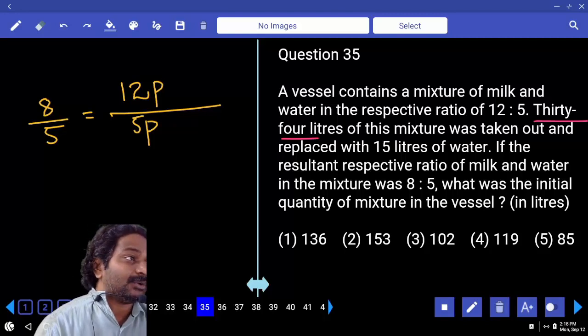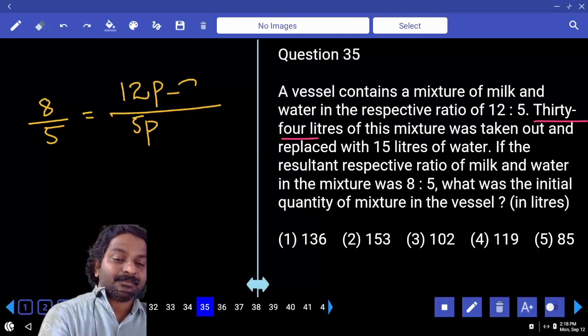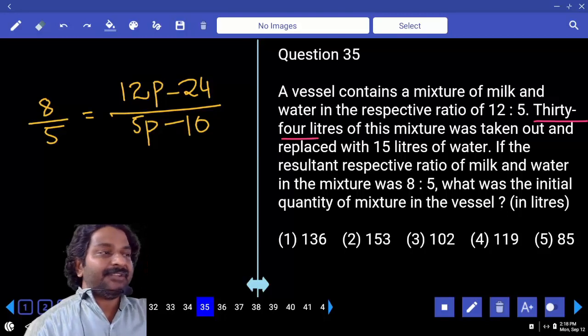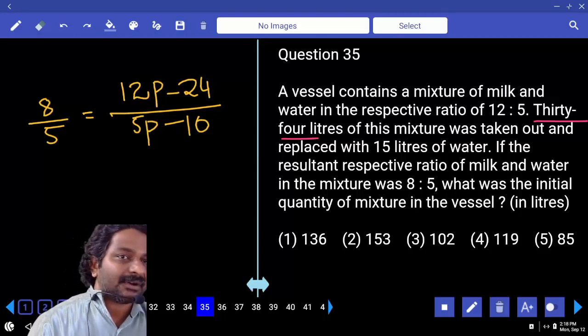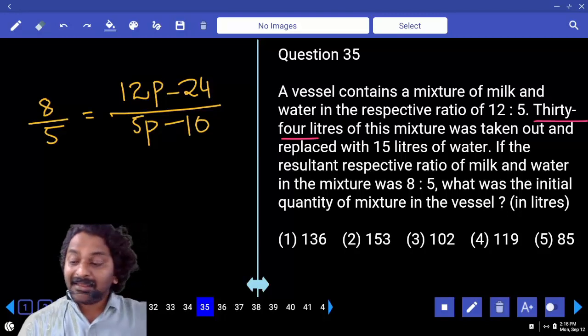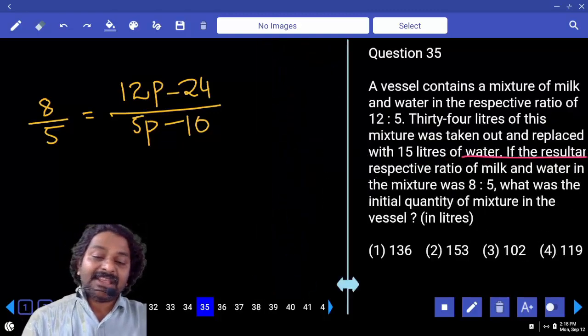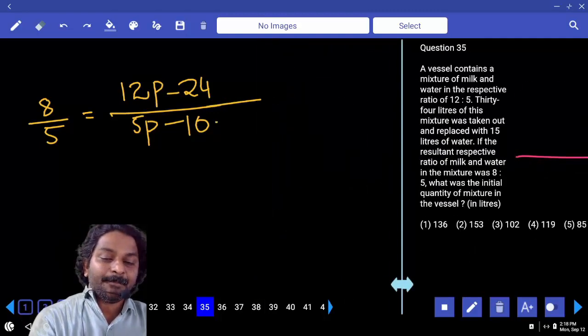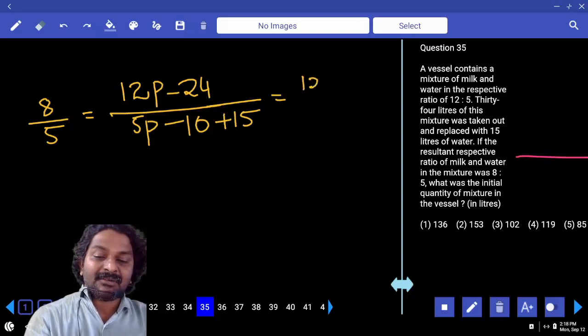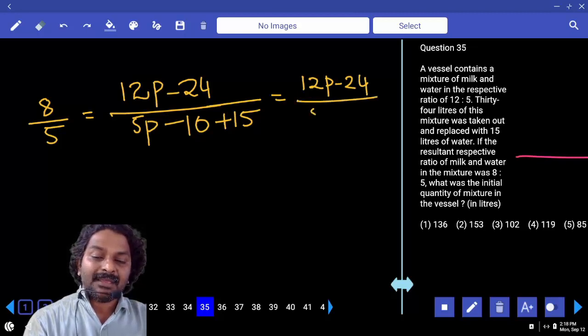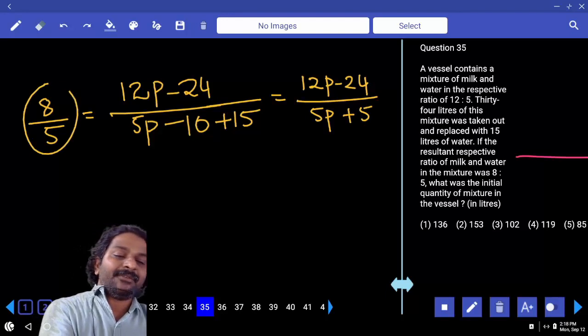Each part 2 liters. 12 parts, 24. 5 parts, 10. That is minus 34. Condition satisfied? And then 15 liters of water is added. Water is in the denominator only, plus 15. So now this is equal to (12 parts minus 24) by (5 parts minus 10 plus 15), which equals 8/5 only.